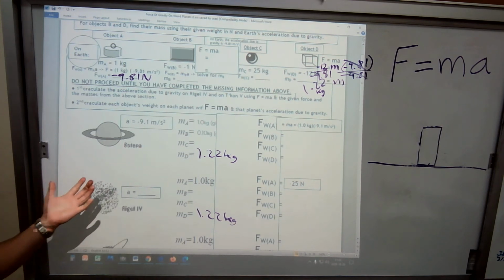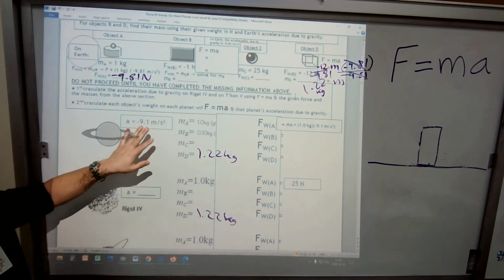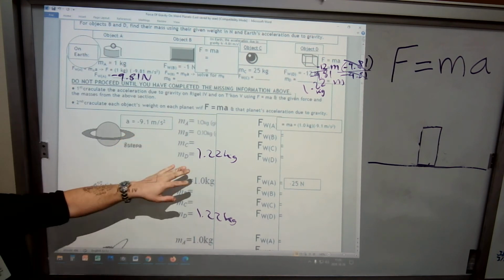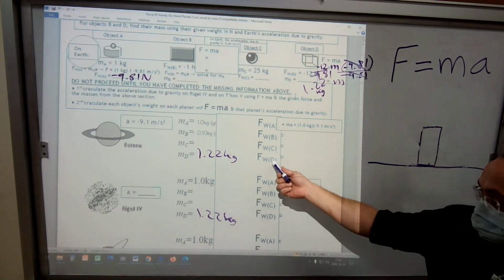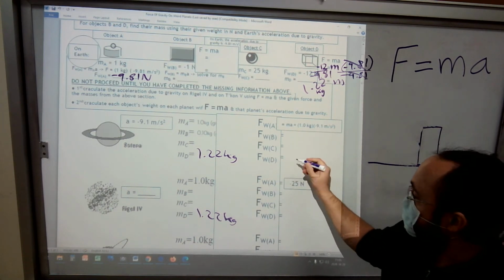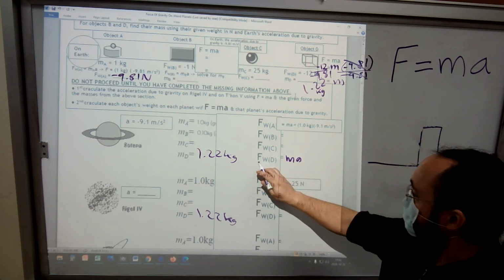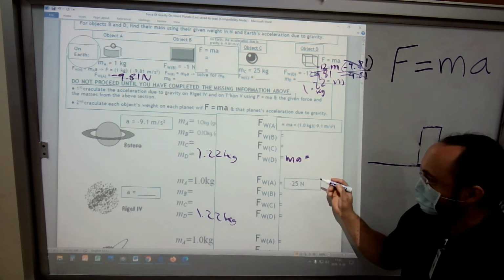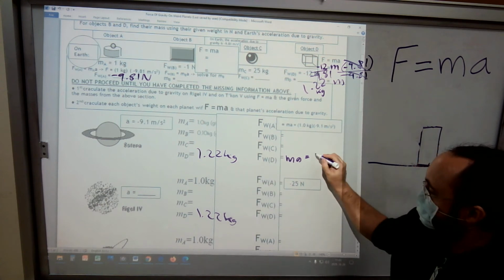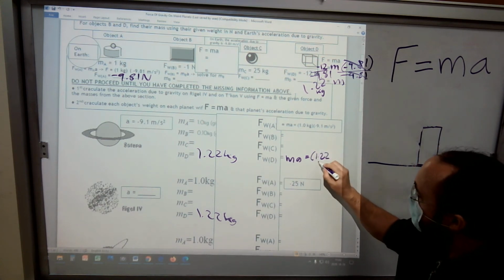Now that we have its mass, we can use the acceleration due to gravity on Saturn to find its weight. Its weight is a force, so we'll use F equals ma. I'll plug in m and a and multiply them. The mass of object D is 1.22 kilograms.